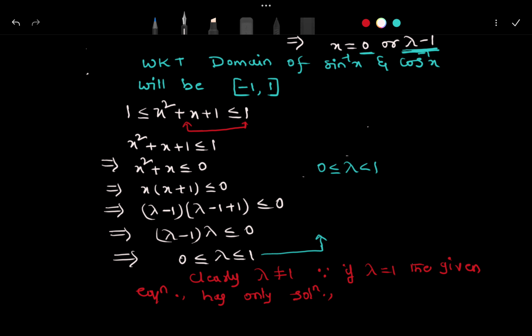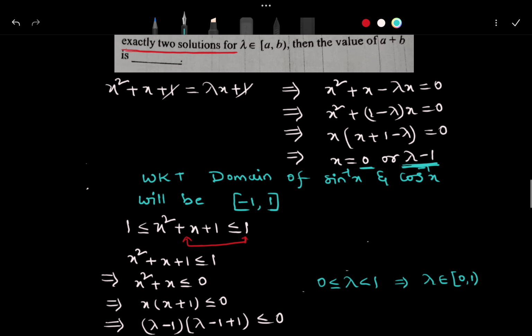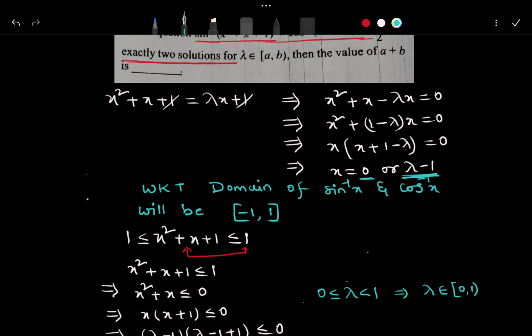That implies lambda belongs to the left closed interval 0 comma 1. So in this question, the equation has two solutions for lambda belonging to the left closed interval a comma b.